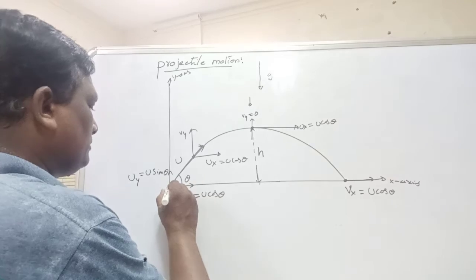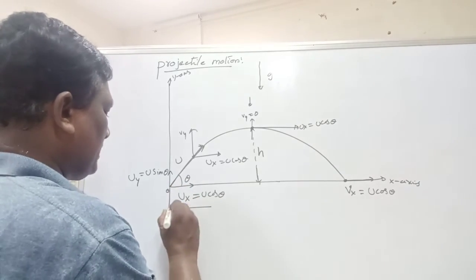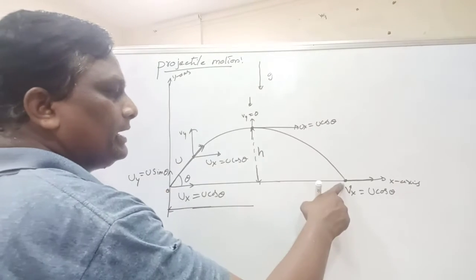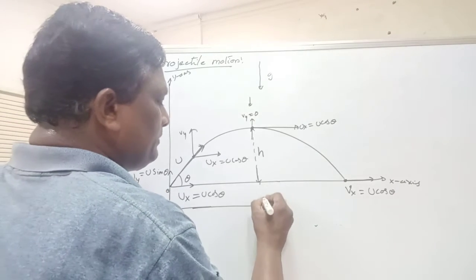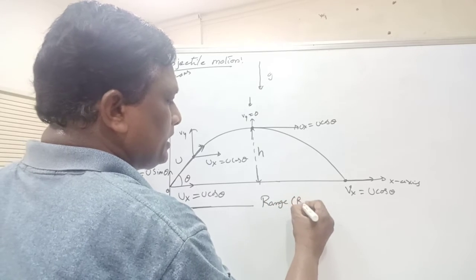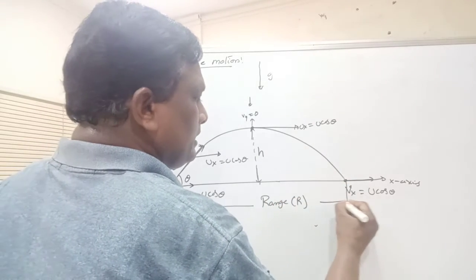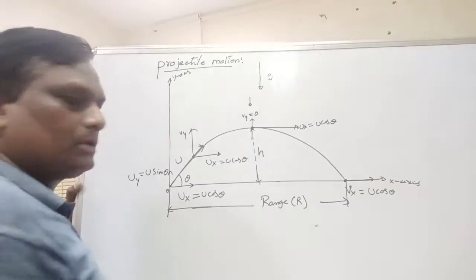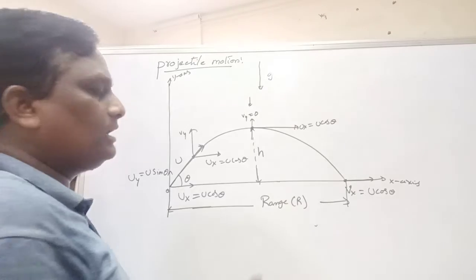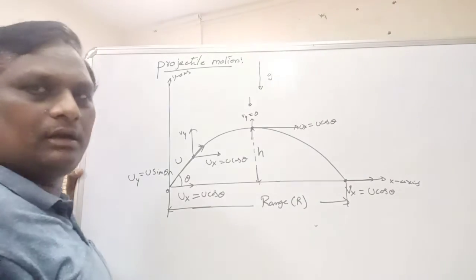The displacement of the particle, started here and ending here, is nothing but the range, capital R. The horizontal displacement of the particle is called range.